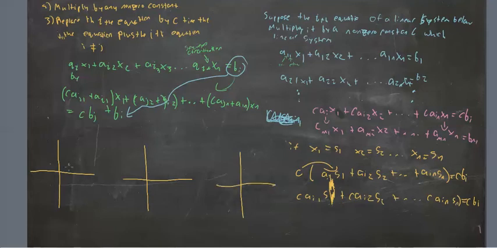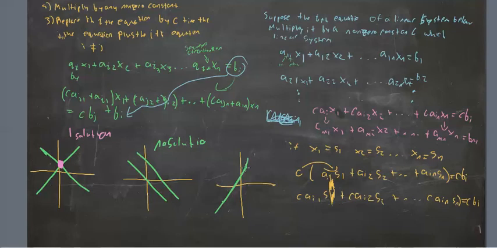Say we have one line there and one line there. Right over here, this shows us we're going to have one solution. When we have graphs where the lines are parallel and never touch, there is no solution. And when the lines lie on the same line, there are infinitely many solutions.